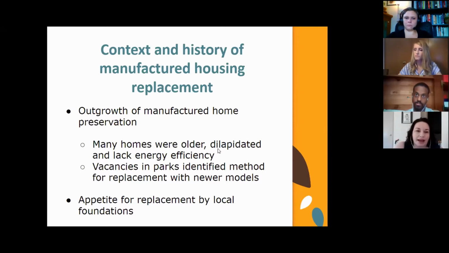And so it kind of sparked an interest in replacing homes for existing homeowners. Some local foundations had an appetite for helping, and so Meyer stepped in, NOAA, which is a lender, USDA, a variety of folks that Bio will talk more about, but it piqued the interest of a lot of people. Next slide.